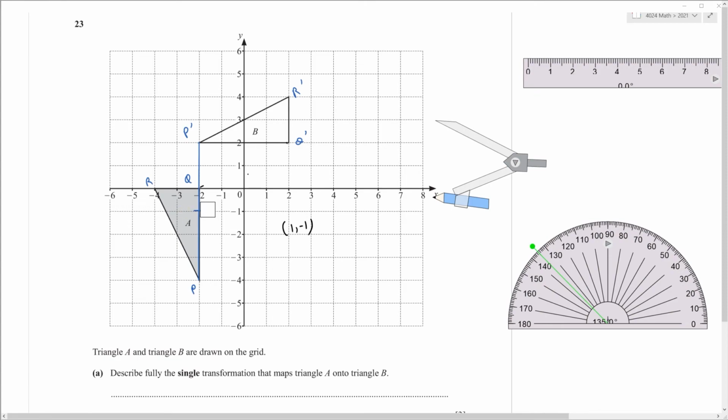You're only concerned with this point, 1 and -1. So this is your center of rotation.